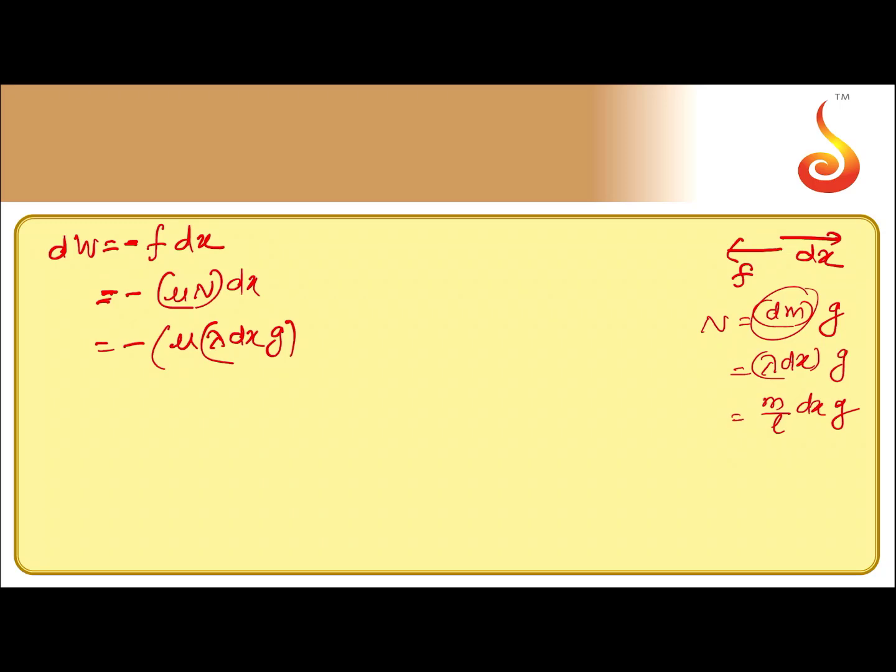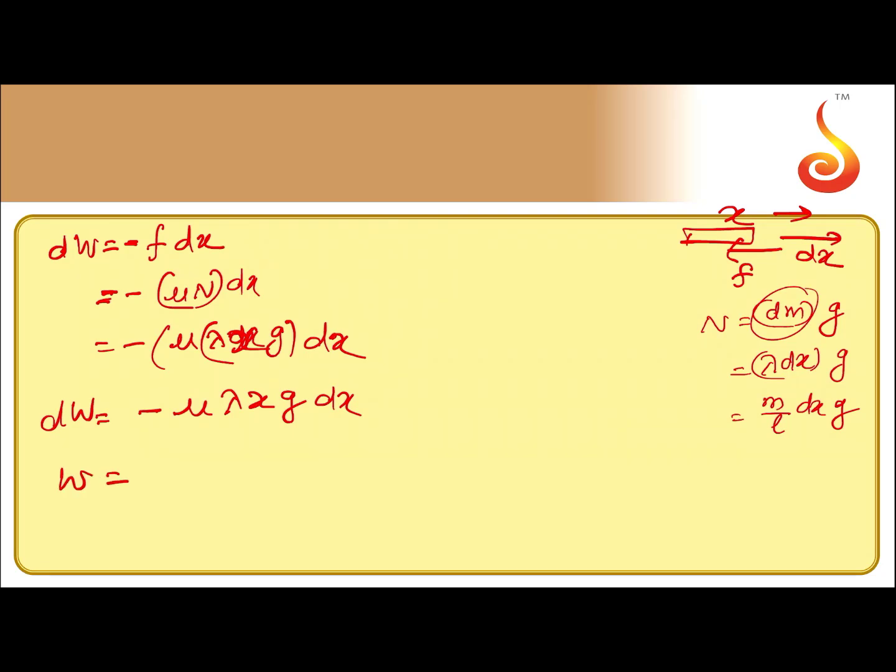I'm sorry, lambda into x into g, because I'm considering a part which is of length x, which undergoes a displacement of dx. So if you simplify it further, we have minus mu lambda x into g into dx. That is the work done on an elementary part.